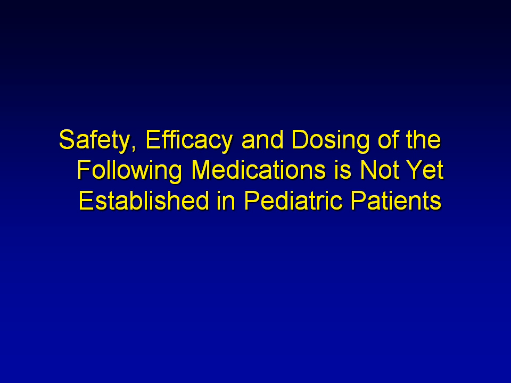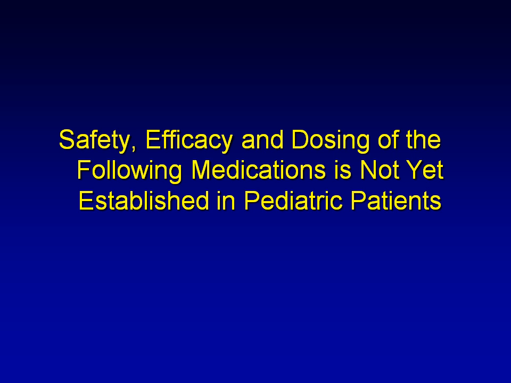So we have to say that sometimes the safety, efficacy and dosing are not really yet established, and so we go on the best information that we have, and usually that follows the adult data.